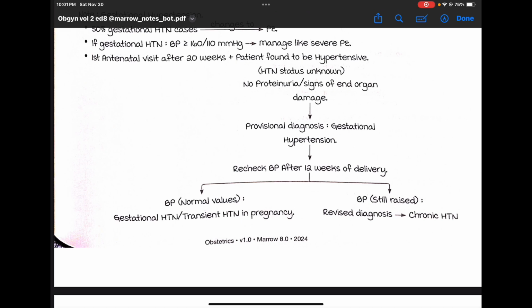First antenatal visit after 20 weeks, plus patient found to be hypertensive. Hypertension status unknown. No proteinuria, no signs of end organ damage. Provisional diagnosis: gestational hypertension.